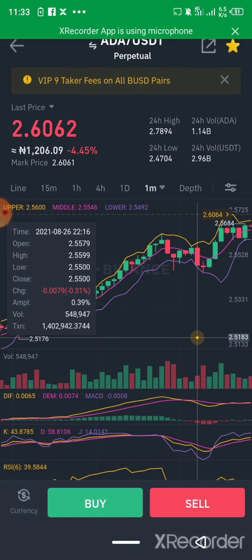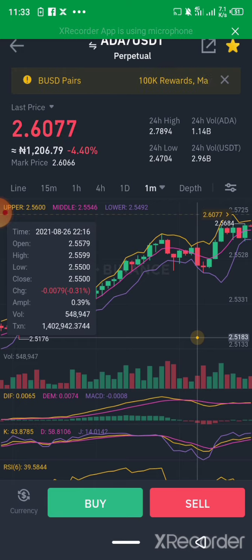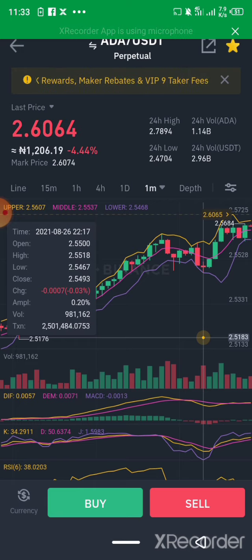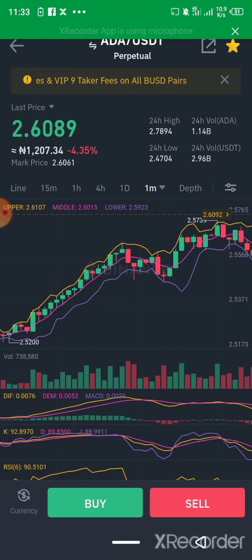Now, if you enter this market when it was here, if you see the candle, it opened at 2.5500 and closed at 2.5493. So if you entered here, you see that immediately after then there was an impulsive move.